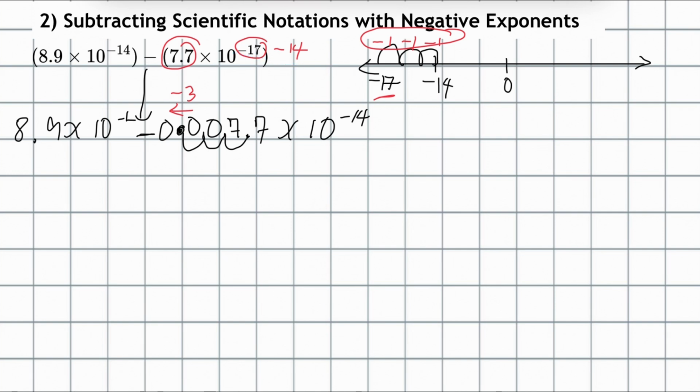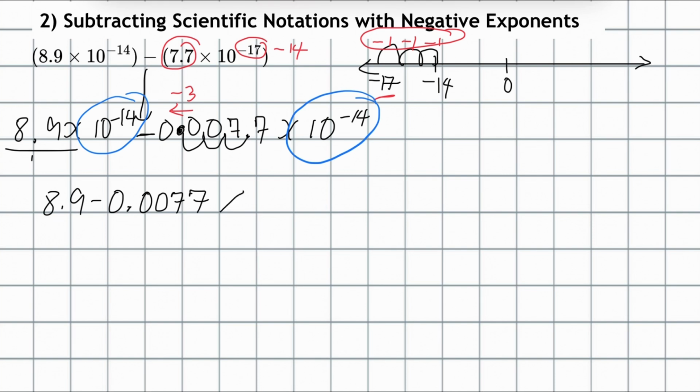Now that we have the same exponential values, we can combine everything. But what do I mean by that? We're going to combine the coefficients, and we are just going to place this as one component because it's the same.